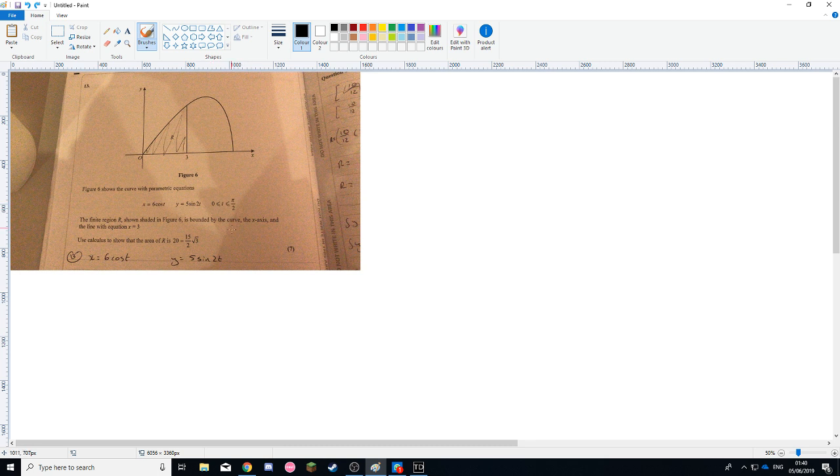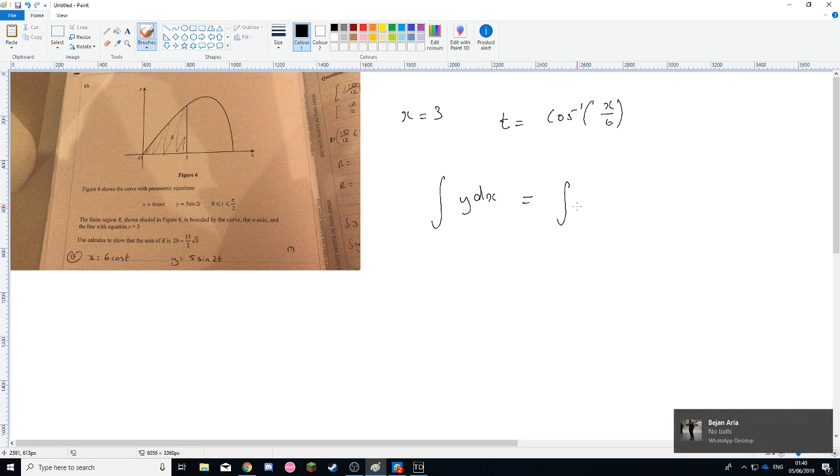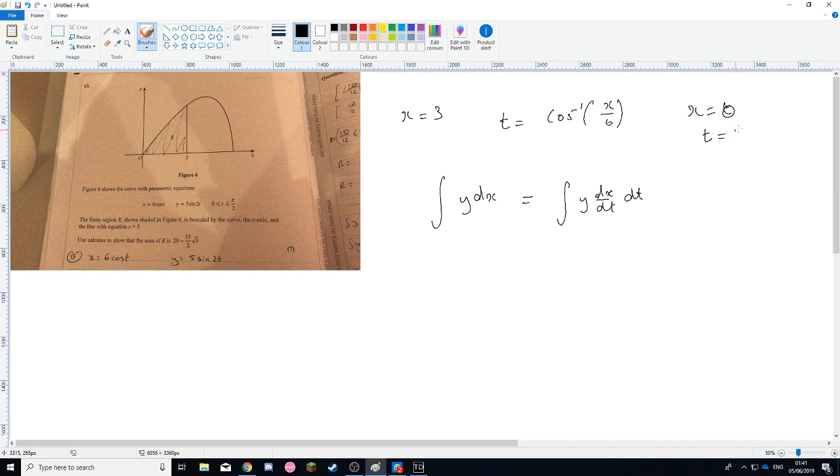Okay, so when you sub in 3, you get a half, because it's a half at root 3 over 2, pi over... what do you call it?